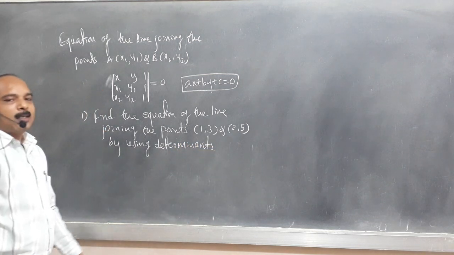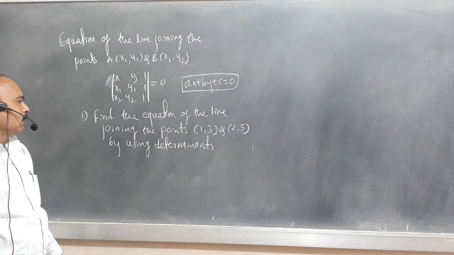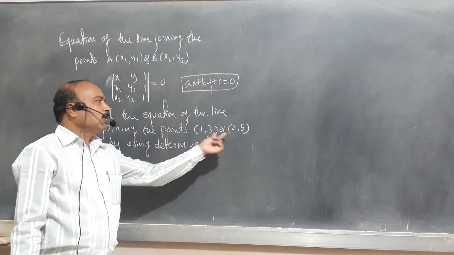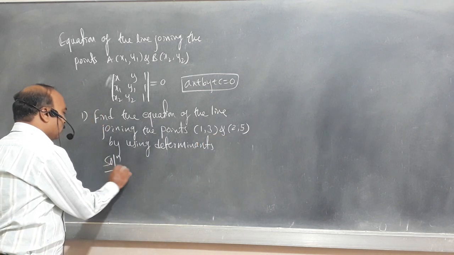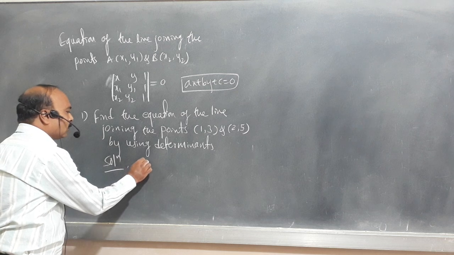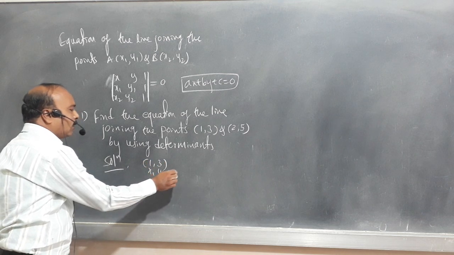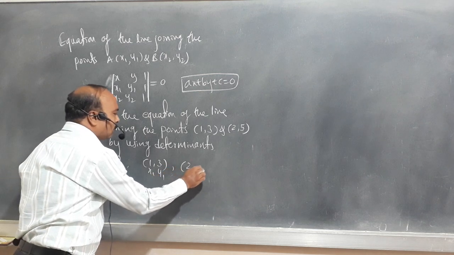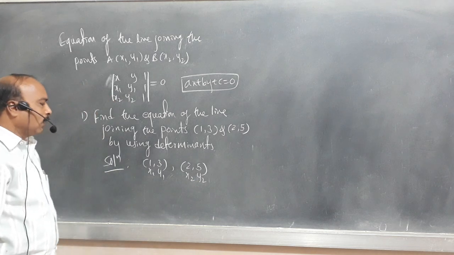Now by using determinants we find the equation of the straight line. The given points are (1, 3) and (2, 5). Now we can start the solution. The first point is (1, 3), take it as (x1, y1). The second point (2, 5), we take it as (x2, y2).